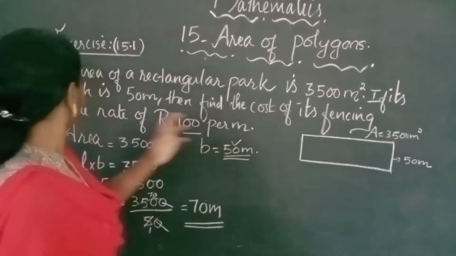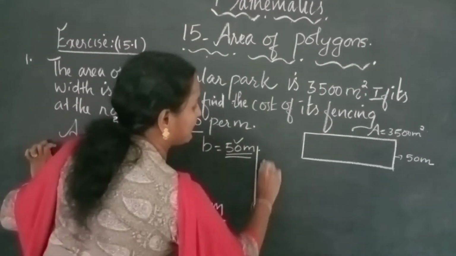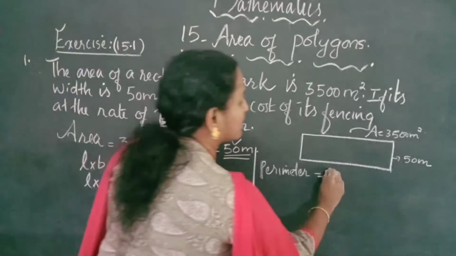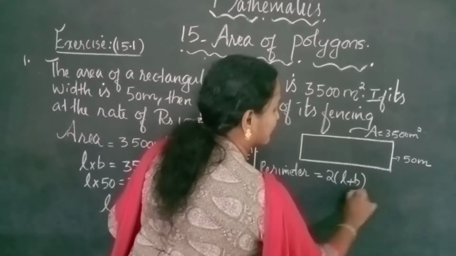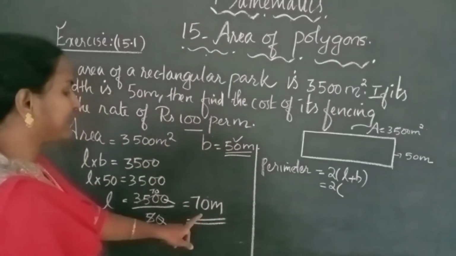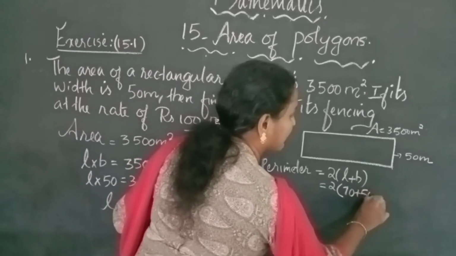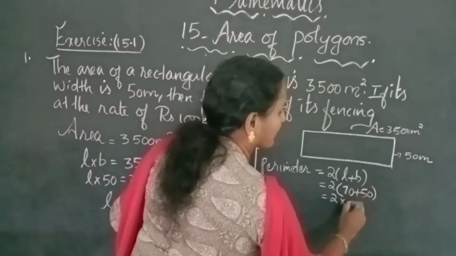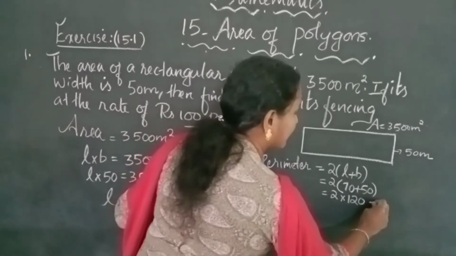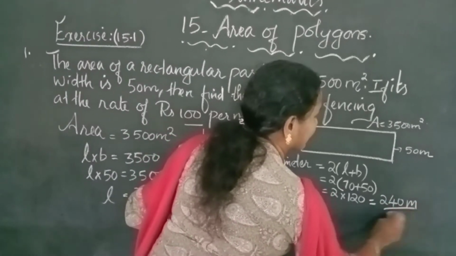Then find the cost of its fencing. Fencing means we have to find the perimeter. Perimeter of a rectangular park is equal to 2 into length plus breadth, 2 into (L plus B). So 2 into (70 plus 50), 2 into 120, is equal to 240 meter.